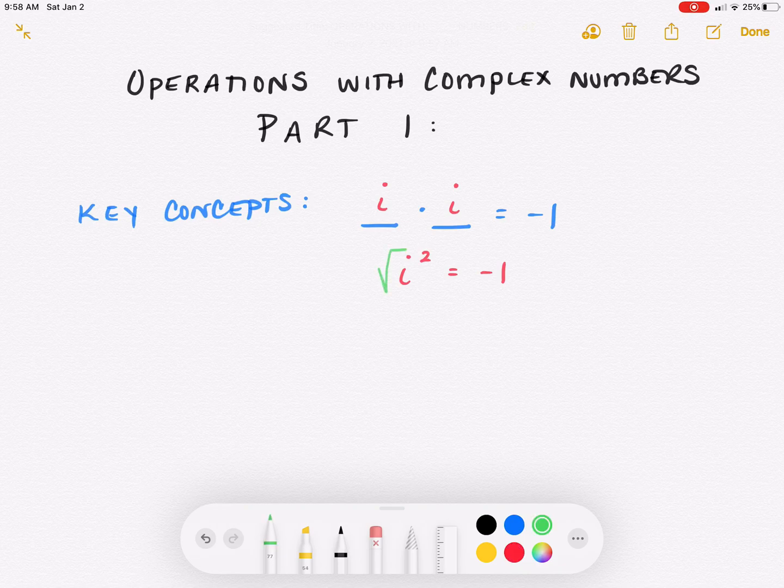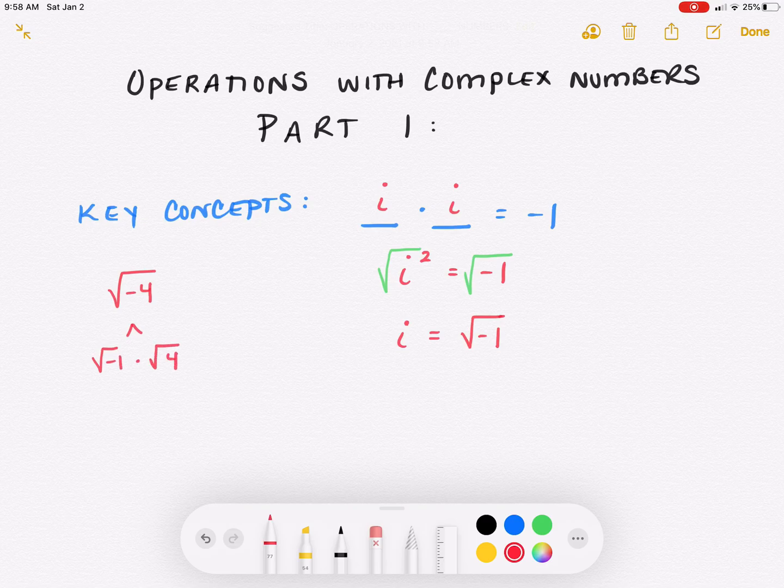Well, if we square root both sides, let's now talk about what i is equal to, and i is equal to the square root of -1. So before, when we had things like the square root of -4, we would just say not possible or no real solutions. But now we can denote this as the square root of -1 times the square root of 4.